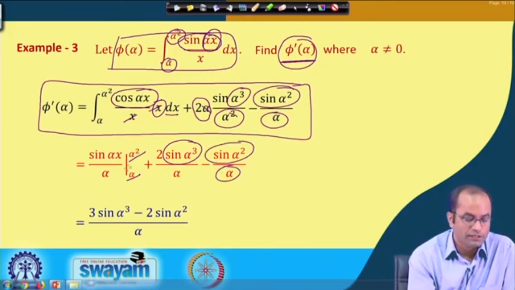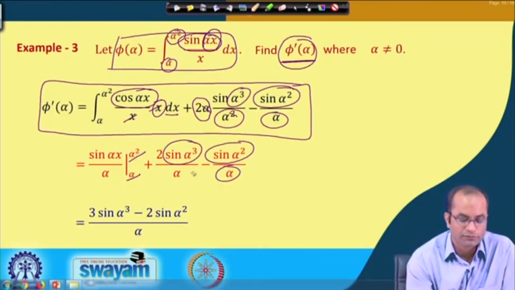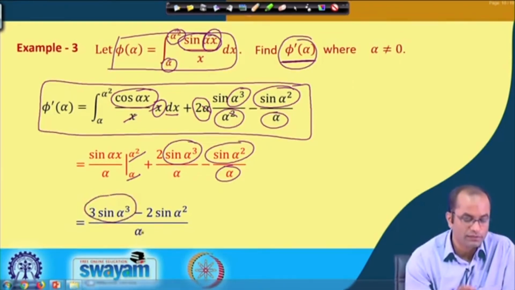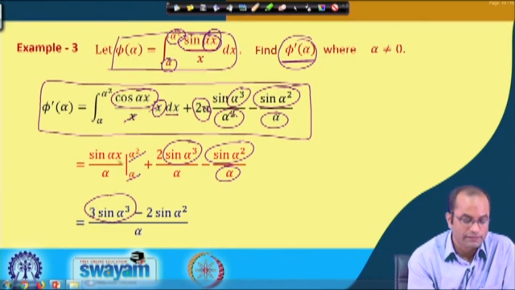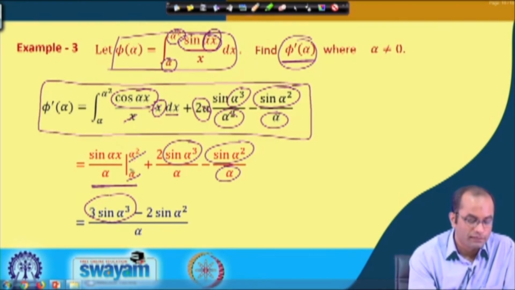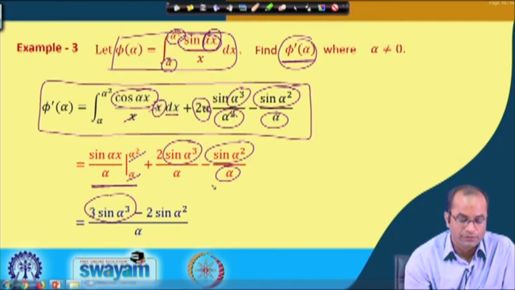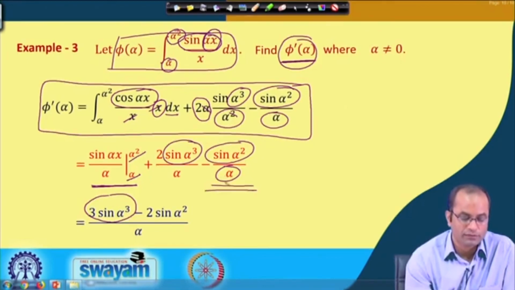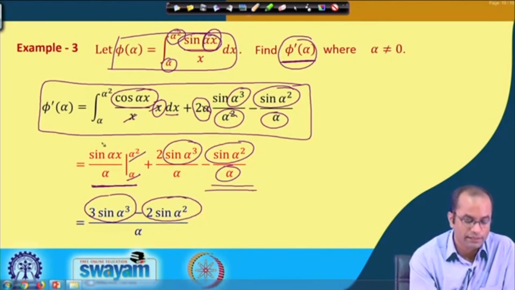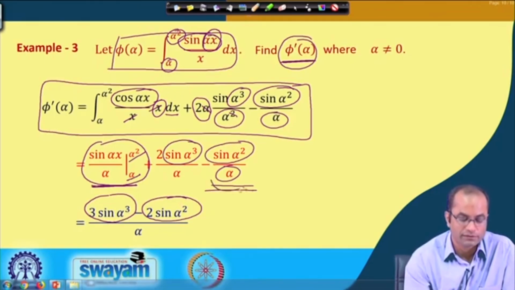So, now when we put the upper limit, we will get sin alpha cube by alpha. Here also we have 2 times sin alpha cube over alpha. So, that will be 3 times sin alpha cube over alpha, and then from the first term we will get minus sin alpha square over alpha, and from this term also minus sin alpha square over alpha.